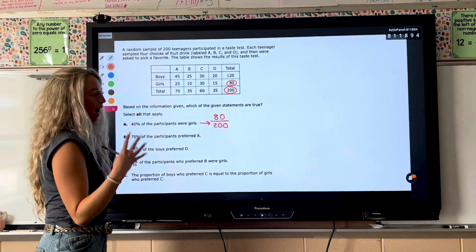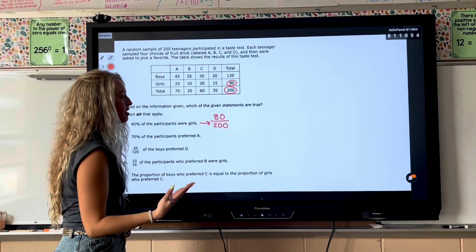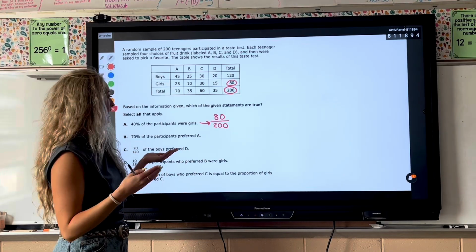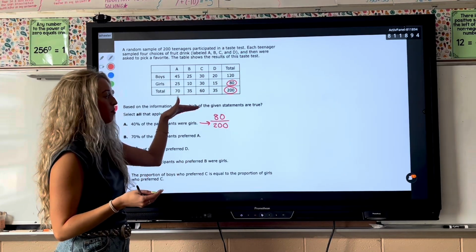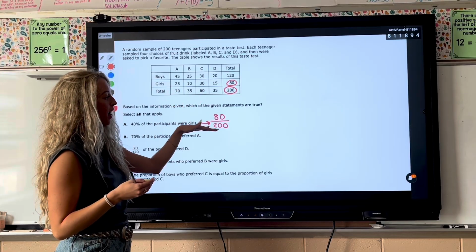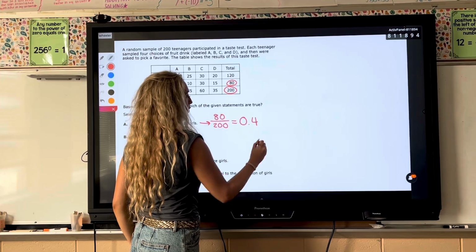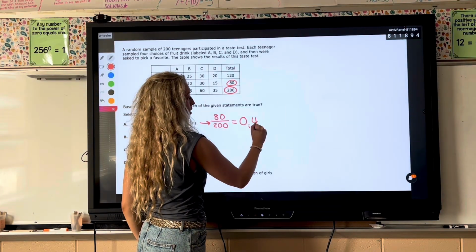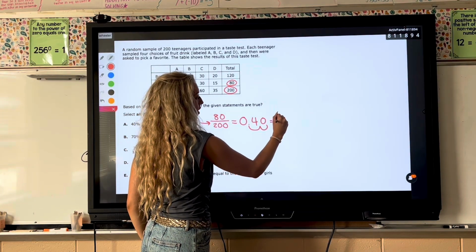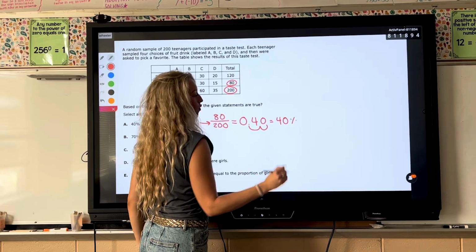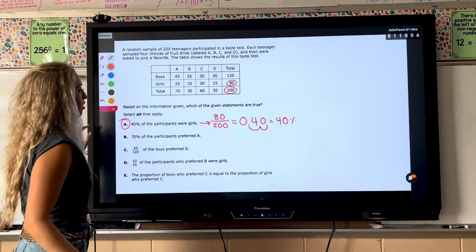This question was on the calculator section of the practice test. So in order to change this into a percent, you would simply just do the numerator divided by the denominator. In your calculator, you would get 0.4. And in order to make that a percent, move the decimal 2 spaces to the right and you get 40%. So A is a correct choice.